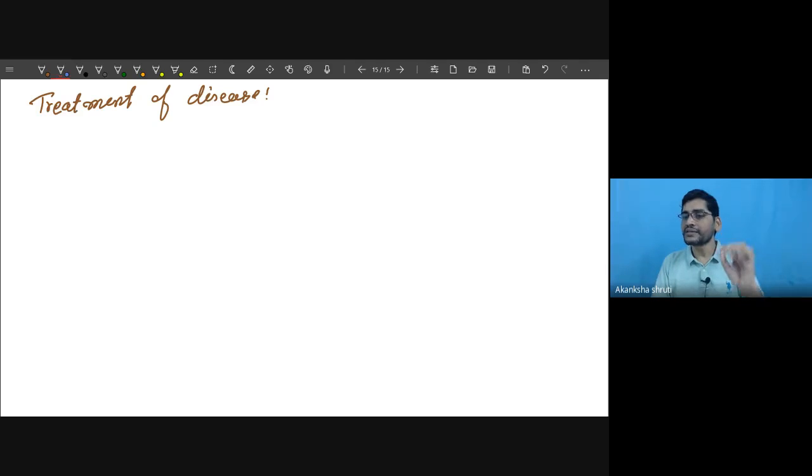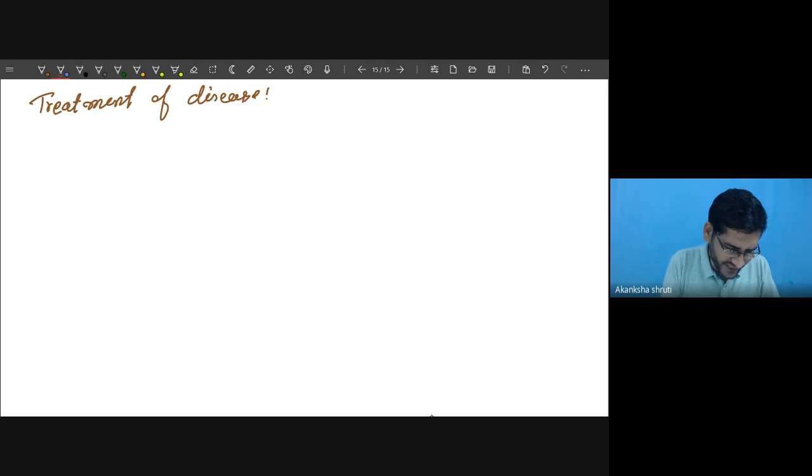Another is attacking the infectious agent or cause of the disease. Say the high fever is because of malaria, meaning the malaria protozoa, so give a medicine like quinine to kill the malaria protozoa in the body.